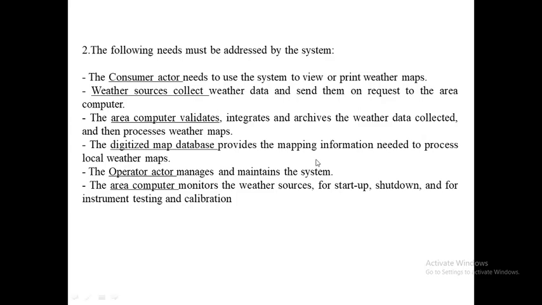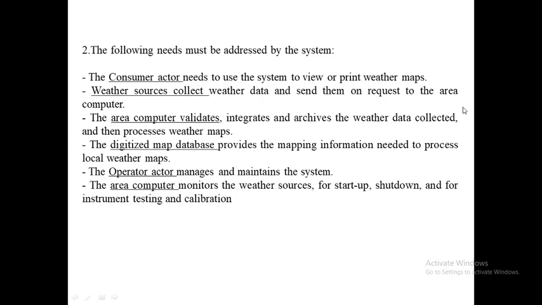So the consumer actor needs to use the system to view and print weather maps. That means we identify the actors and their activities. Consumer just uses the system like an end user. He doesn't know about the working of the system, he just wants to generate whatever reports he wants. Next, weather source collect.